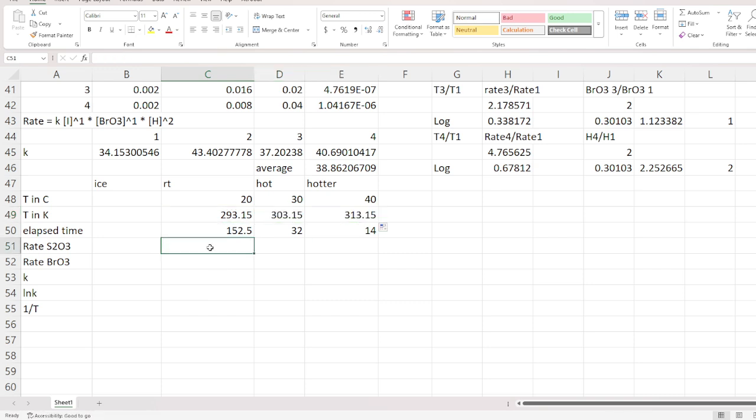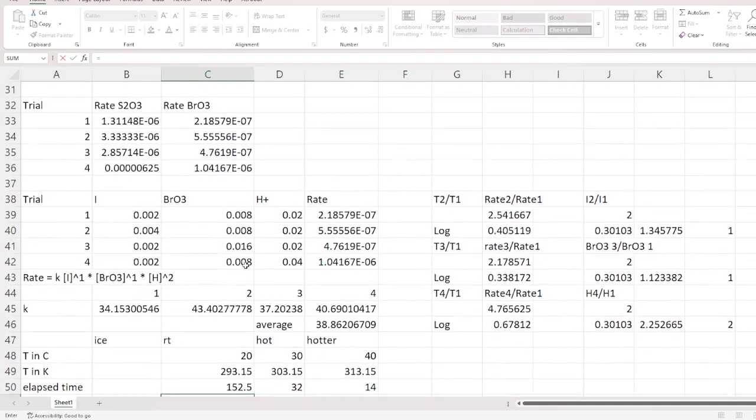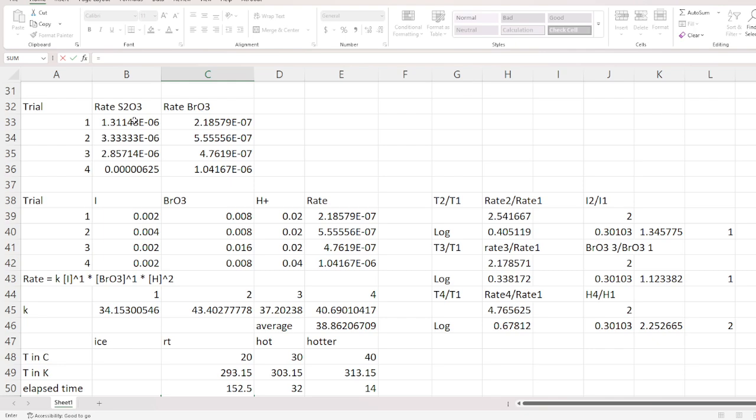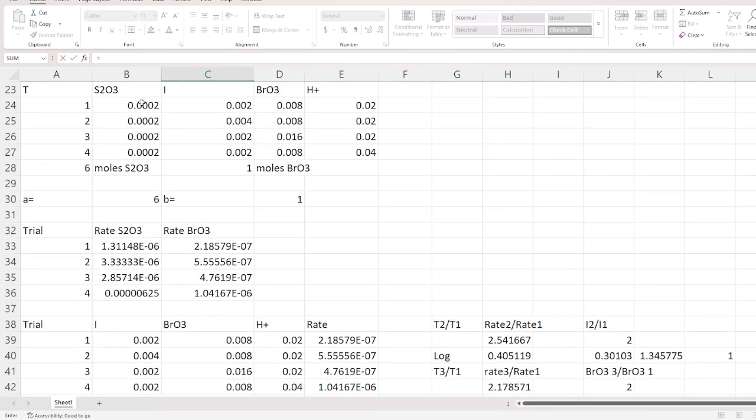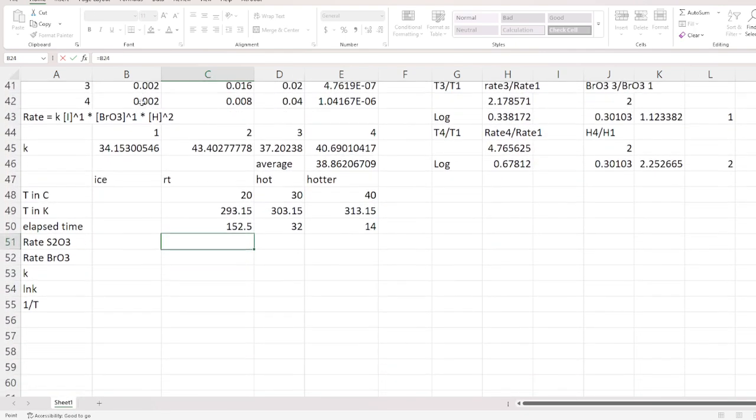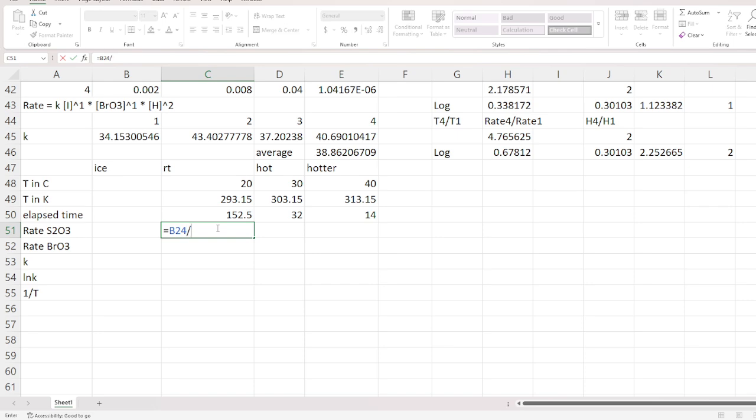Now, because we have a rate law, we can do this pretty easily. So our concentration of S2O3, we're going to divide that by my time. Okay, that's not going to change.